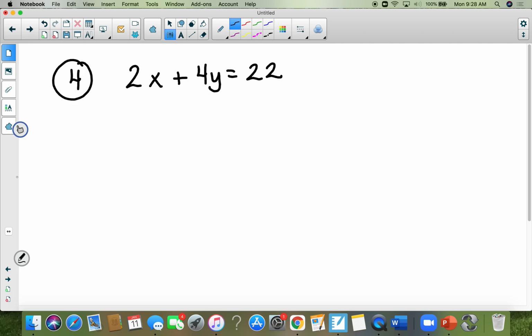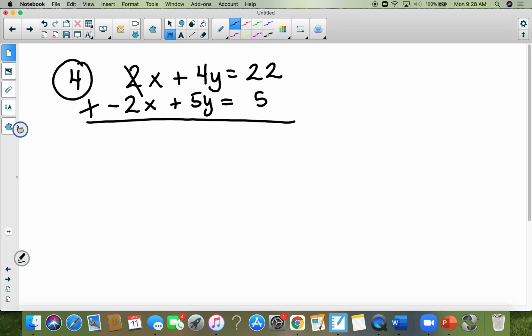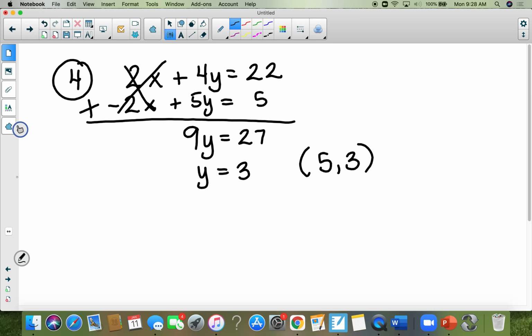The first equation I multiplied by 2, and I'm going to copy down the second equation. Elimination, you draw a line and put a plus sign. These two cancel out. 9y equals 27, so y equals 3. You put that back into the equation, and you're going to get your x value equaling 5.